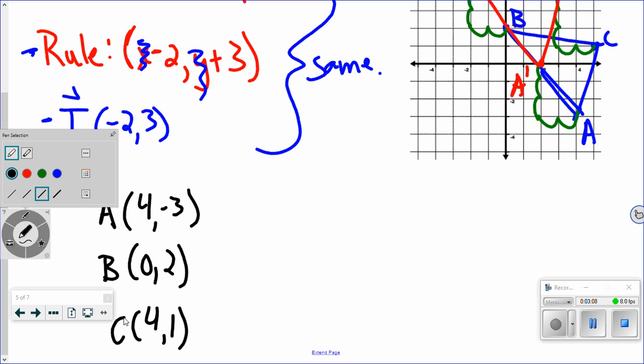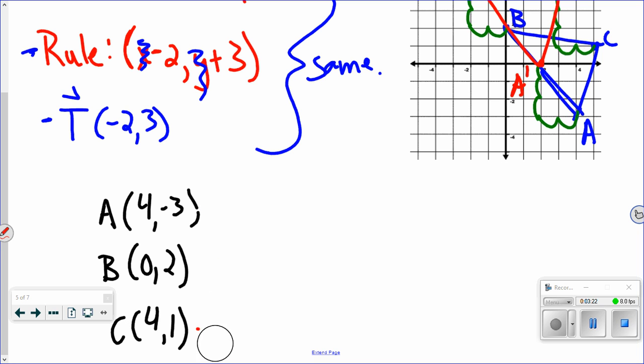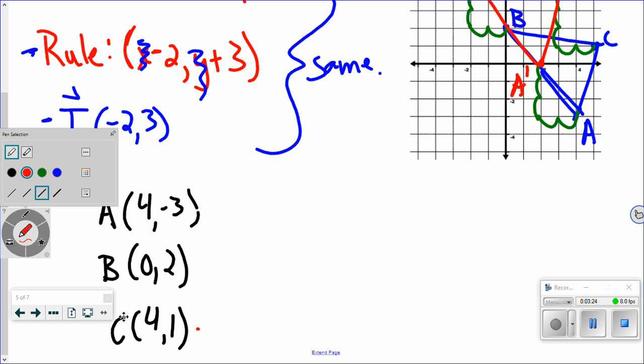We used the arrow to show that these were mapped or translated or transformed. So we're changing the points. Now these become our image points, so all of them have to have primes on them.